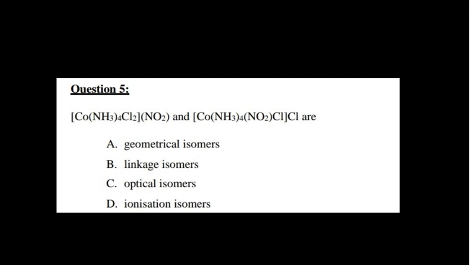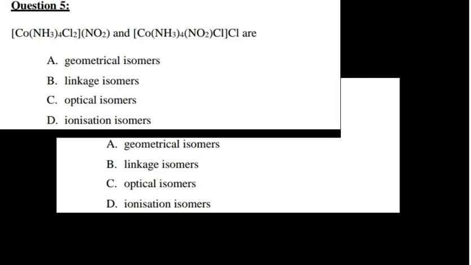The next problem says these two cobalt complexes are given, and whether they will show geometrical isomerism, linkage isomerism, optical isomerism, or ionization isomerism. So this problem is quite simple, right? First of all, whenever you are looking for the different kinds of isomerism, start from the basic ones, and the basic one is ionization isomerism.